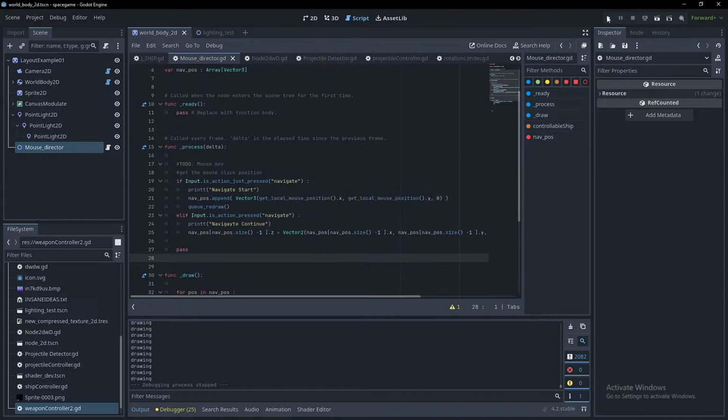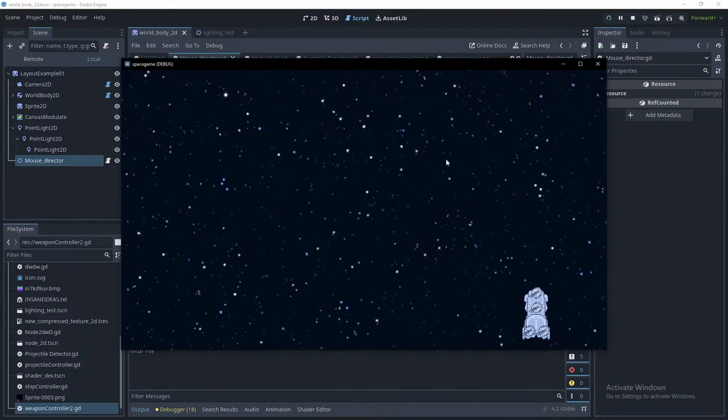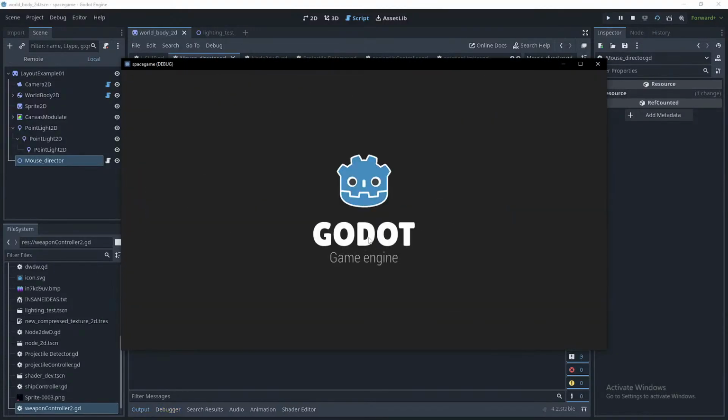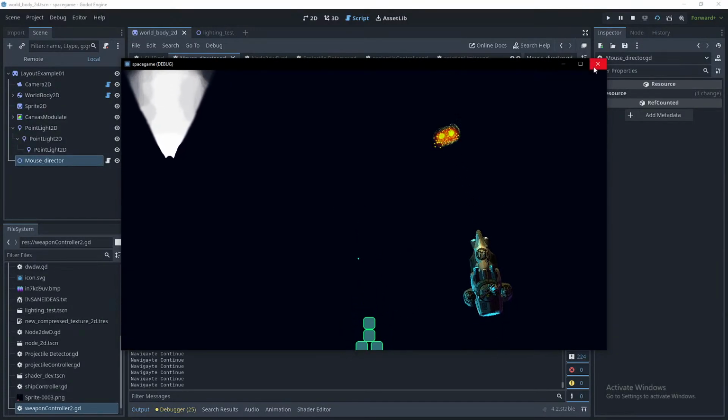This might work or it just might straight up crash. We'll see. Wrong one. Oh, did not crash.